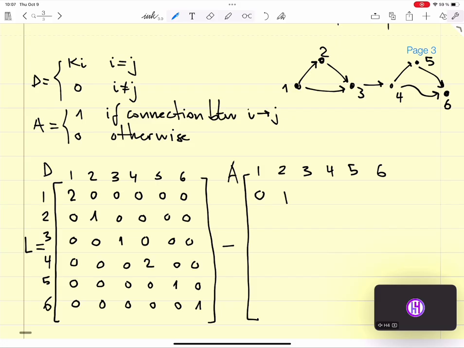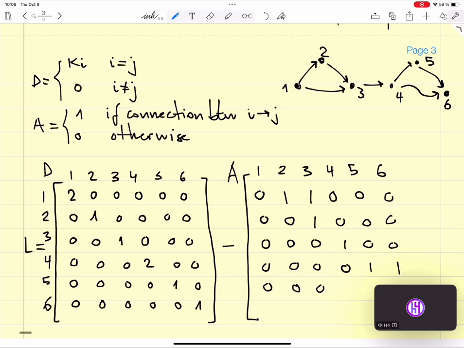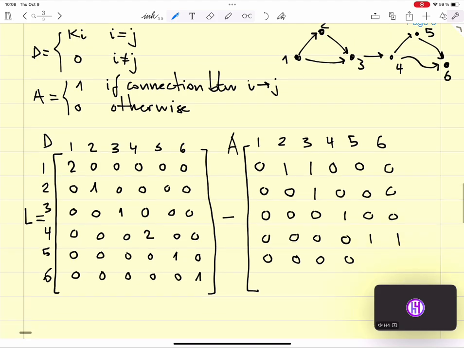Yes. Node 1 to node 4? No. Node 1 to node 5? No. Node 2 to node 1? Yes. And so on, filling in the rest of the rows, down to node 5 and 0s for node 6.